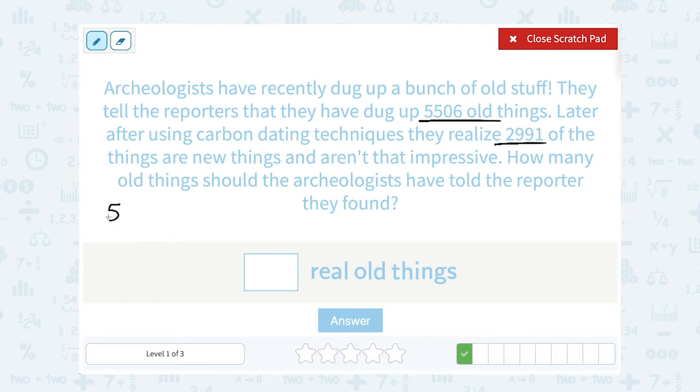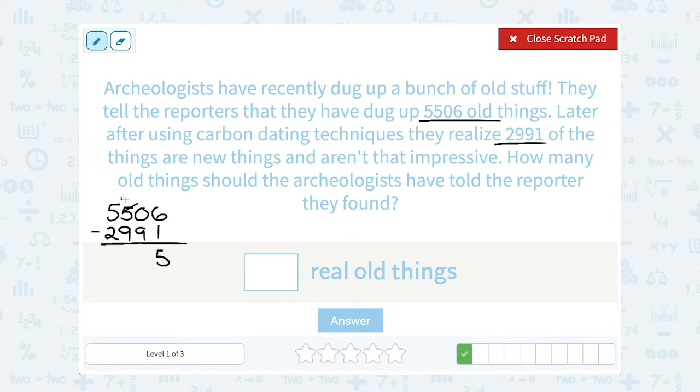So let's take the total number, 5,506, and from that we want to subtract 2,991. Okay, well, in the ones place, 6 minus 1 is 5. Okay, 0 minus 9, so let's borrow here.